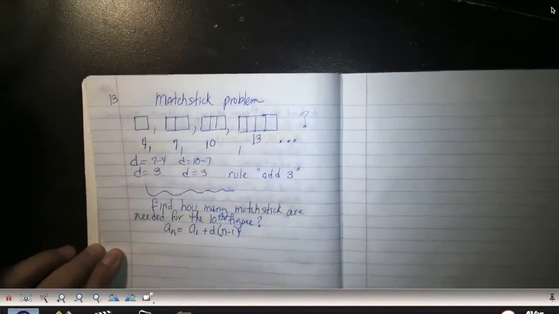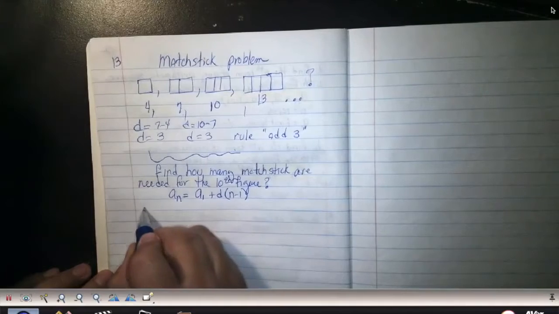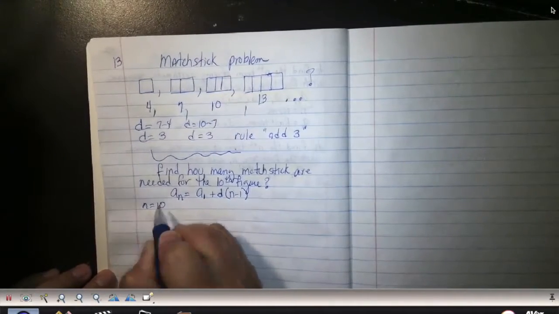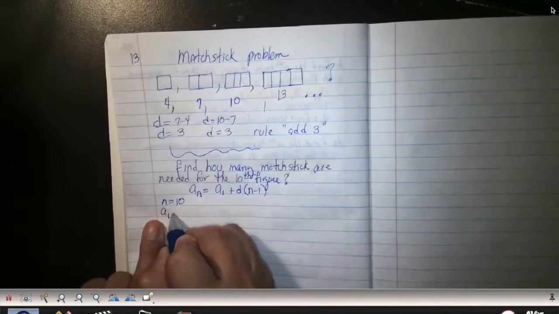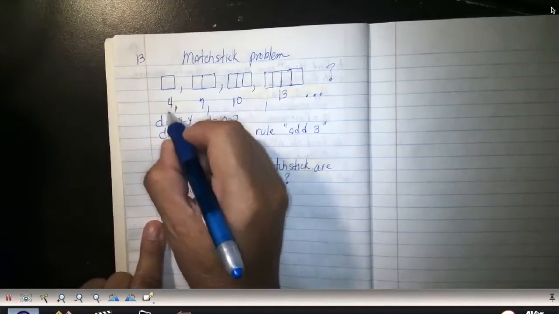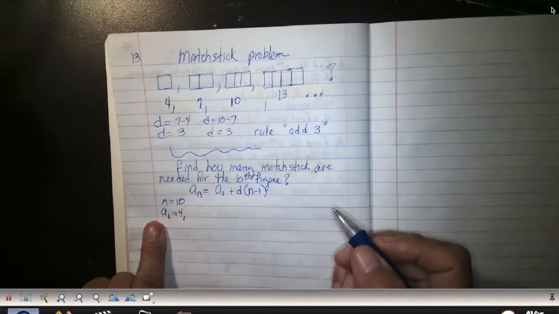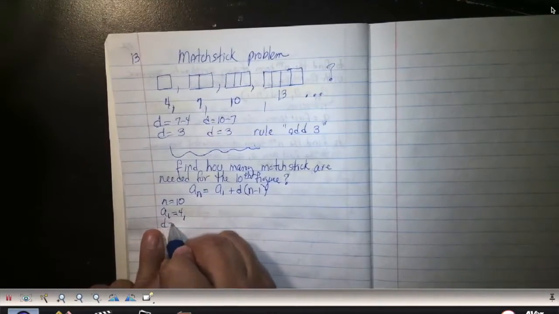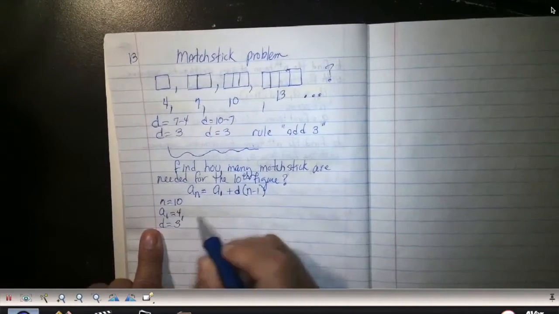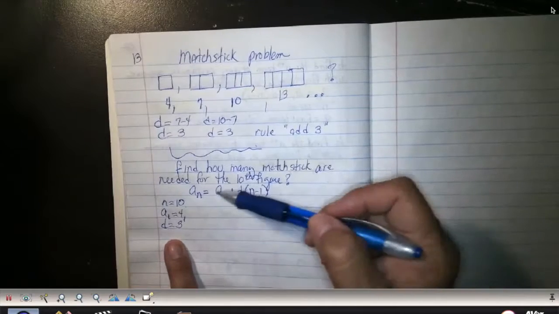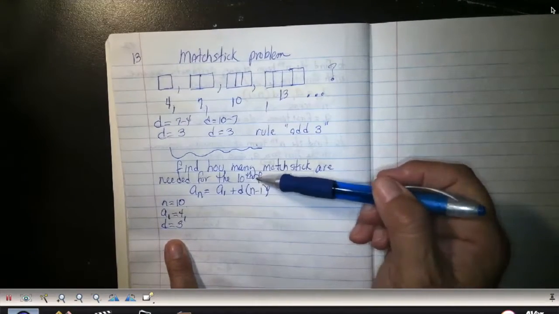Okay, let's identify our variables here. We are looking for the 10th term. We know that the first term was 4. And let's see, D. D is equal to, what was our rule? Add 3. So n is equal to 10 because that's what the instructions are asking for, the 10th figure.